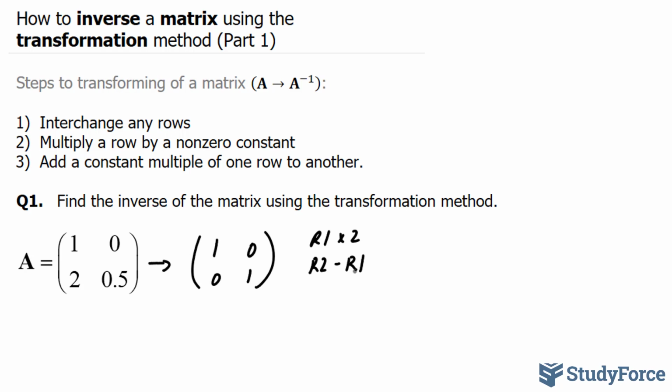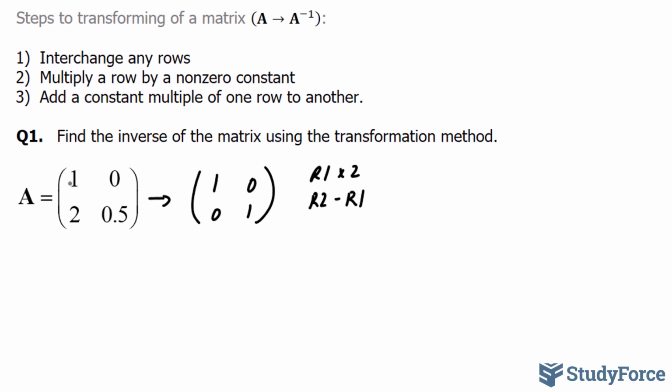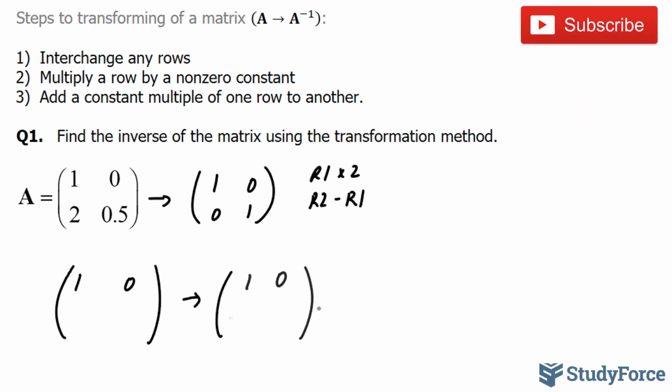And since we're subtracting row 1 from row 2, only row 2 will be the one that's changed. Row 1 will stay the same. Since row 1 is staying the same, everything at the top remains unchanged, and we'll multiply each of these elements by 2, then subtract the elements in row 2 from the product.